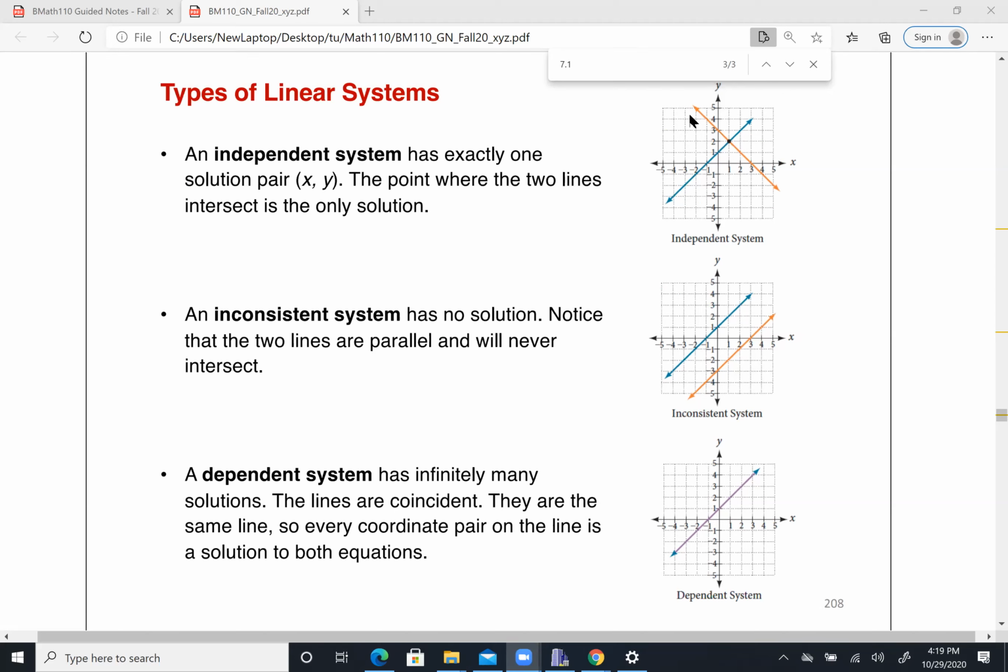In this case, they have infinitely many solutions, and we can call the lines coincident. They are the same line, so every coordinate pair on the line is a solution to both equations. In this case, we call it a dependent system.